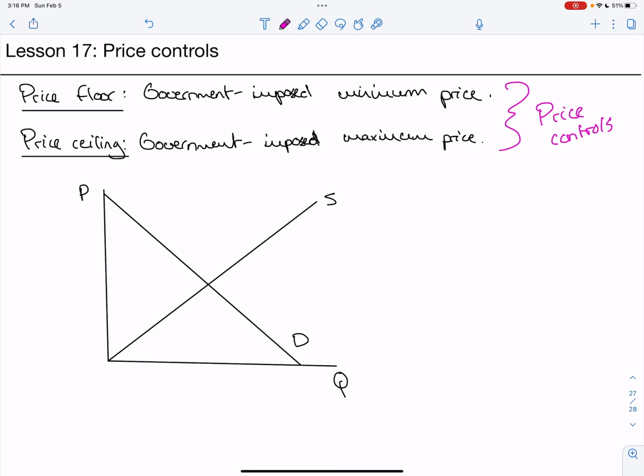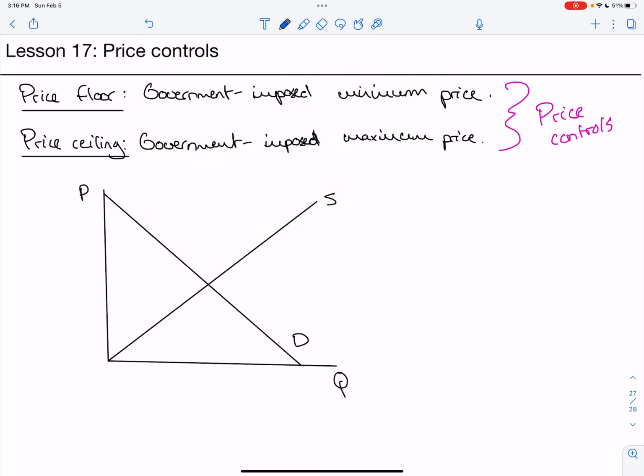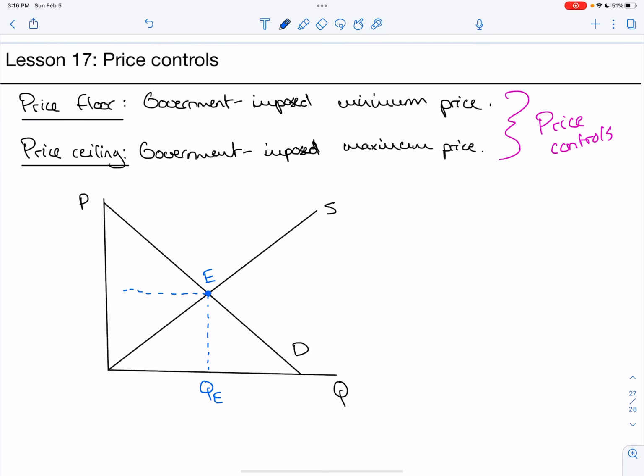It's the government telling you what price you can charge rather than simply letting the market decide, right? Before the imposition of price controls, we have our equilibrium point, complete with our equilibrium quantity and our equilibrium price.